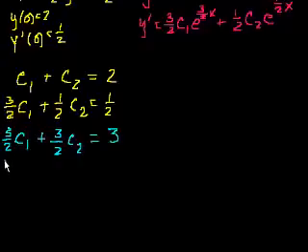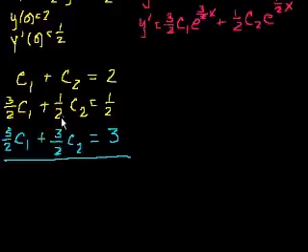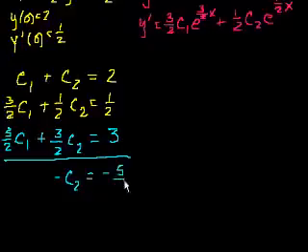And now, I don't want to confuse you, so let's just subtract the bottom from the top. So this cancels out. What's 1/2 minus 3/2? 1/2 minus 1.5, well, that's just minus 1, right? So minus c2 is equal to, what's 1/2 minus 3? That's minus 2.5, or minus 5/2. And so we get c2 is equal to 5/2.